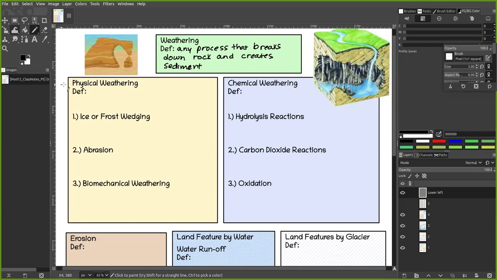Now we have both physical weathering and chemical weathering. Rocks can be broken down by chemicals and chemical reactions, or rocks can be just broken down through physical processes.